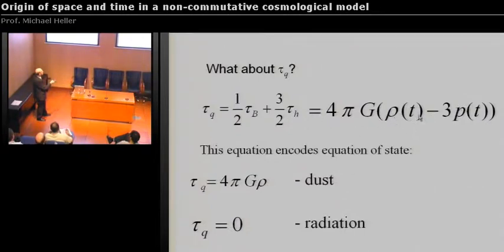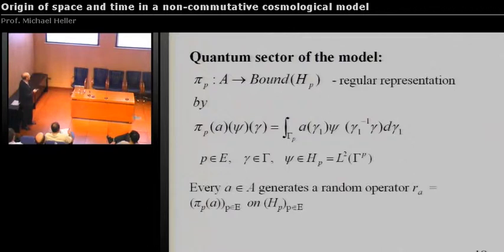So this equation is a constraint on all possible state equations. Every state equation we can imagine must satisfy this equation here. And all known equations of state really do satisfy it.